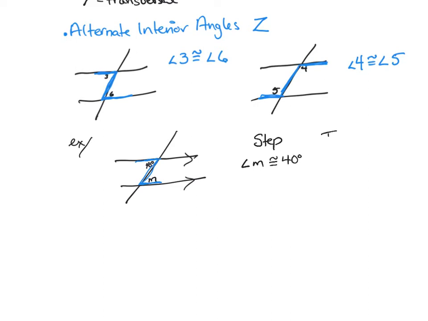And what would our justification be? Our justification would be alternate, and you can abbreviate here, interior angles.